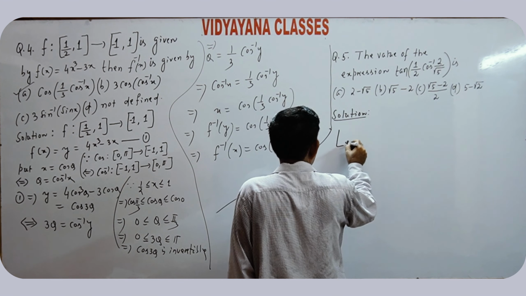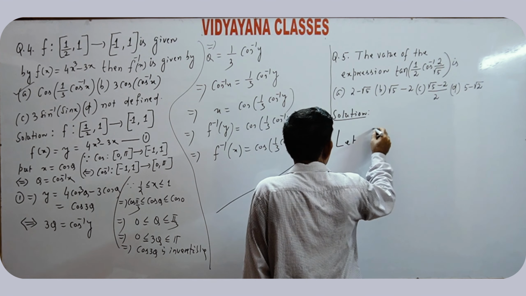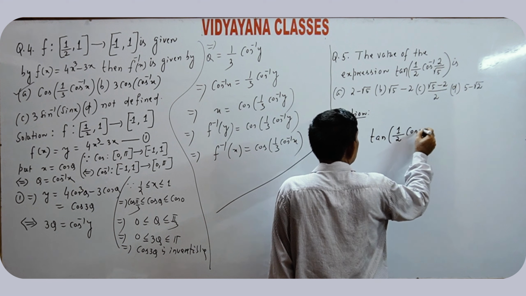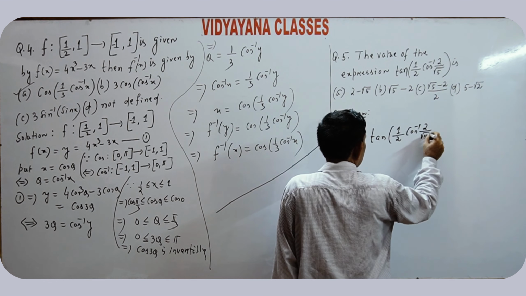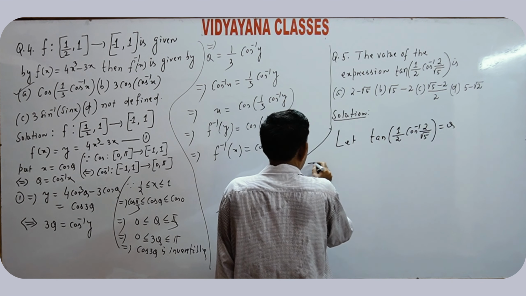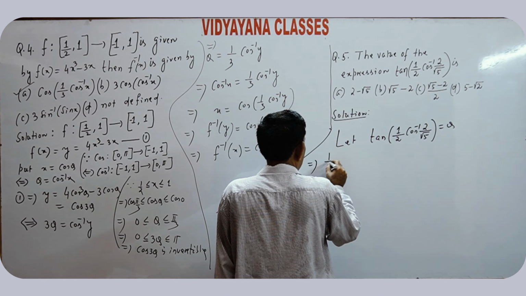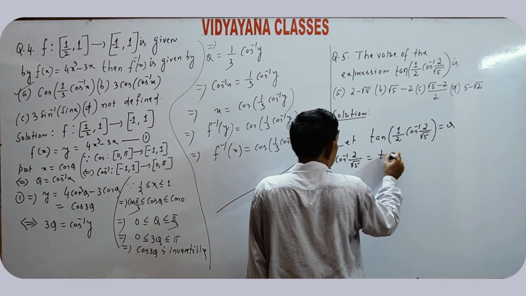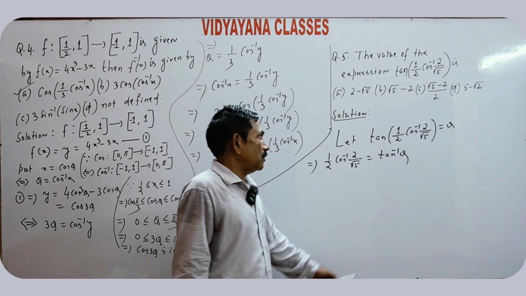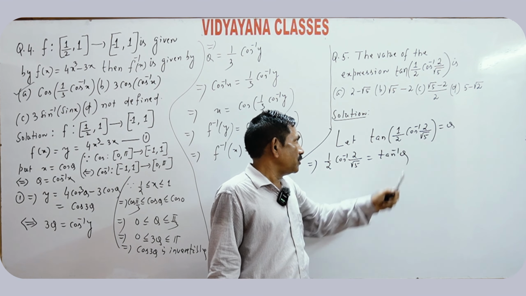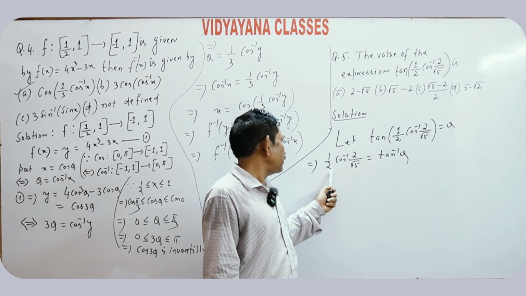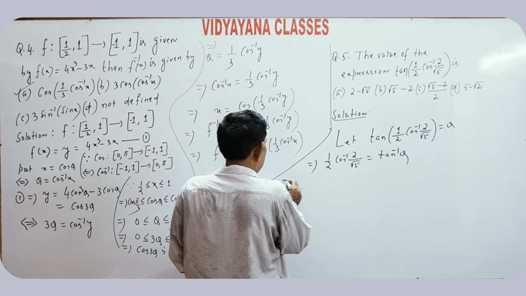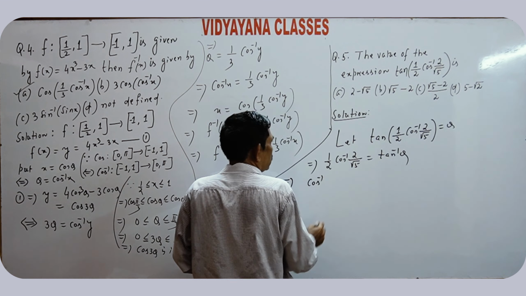Let tan half of cos inverse 2 by root 5 is equal to theta, which implies half of cos inverse 2 by root 5 is equal to tan inverse theta.